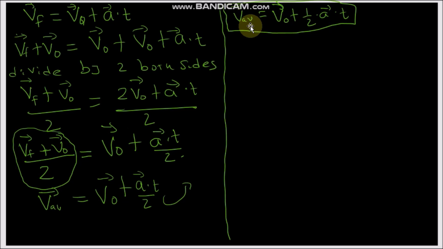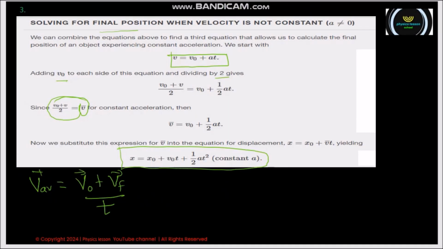Now we know that the final displacement is calculated as we know here. Now we substitute the expression for V into the equation for the displacement. That means you know this equation. This is the final displacement.